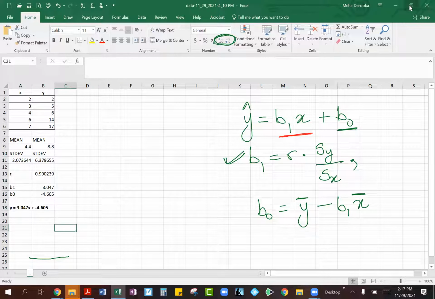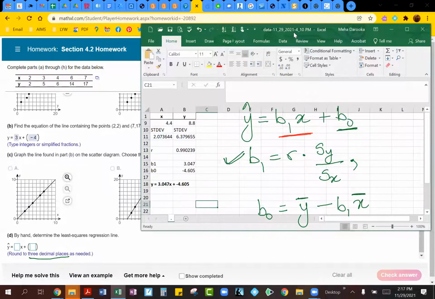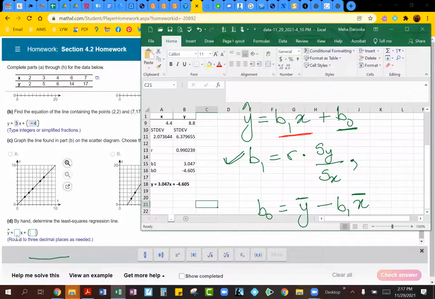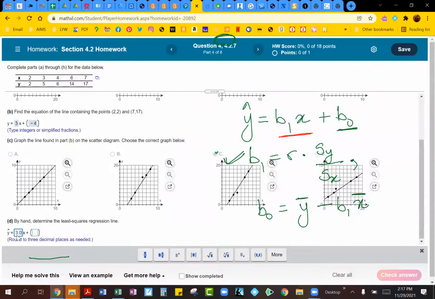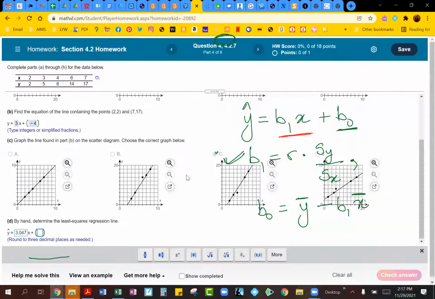And this is what they're asking us to type in here. So B1 goes with the X value, and that was 3.047. B0 is the negative 4.605.